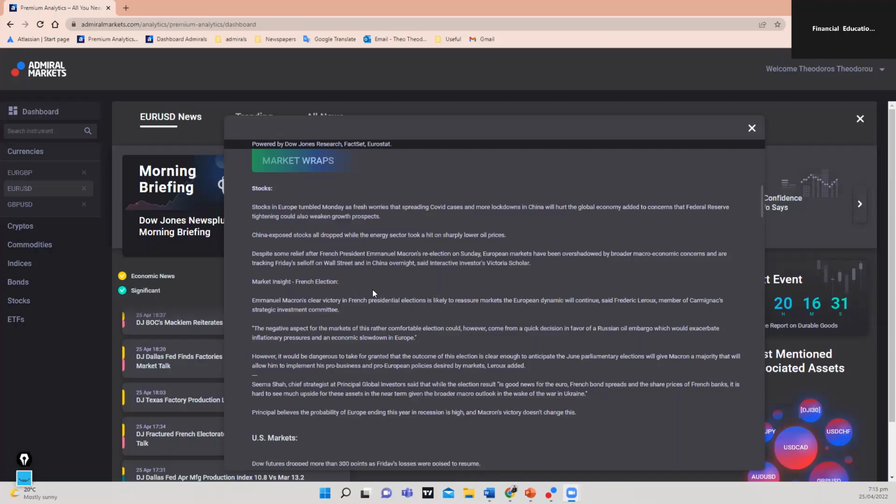So if we take, for example, this area here, it says that yesterday they had the presidential election in France, and for the second time in a row, the same president has been elected. So of course, we expect today, tomorrow, in the next few weeks or few days to see a bit of impact in the euro currency.